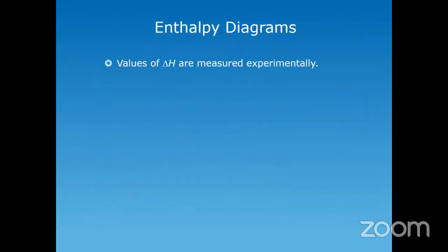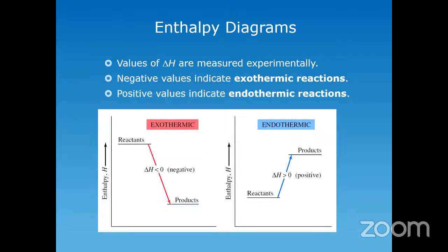So I just said a while ago that enthalpy changes are measured experimentally. If the enthalpy change is negative, that is an exothermic reaction. If the enthalpy change is positive, it's an endothermic reaction. And these diagrams here demonstrate those facts. So in the case of an exothermic reaction, the enthalpy of the products would be less than that of the reactants.